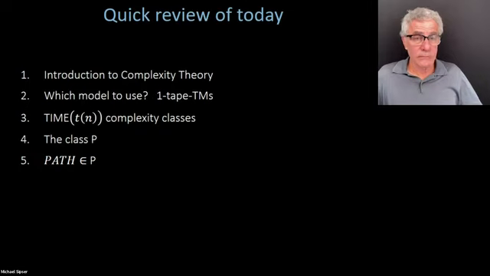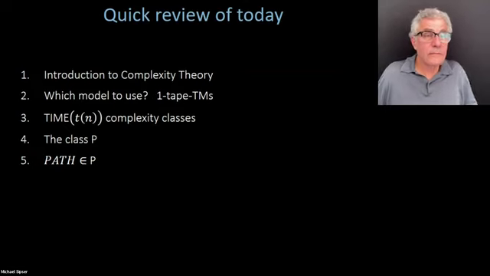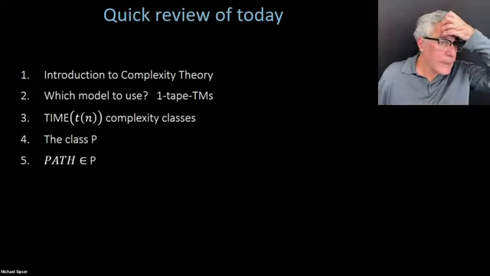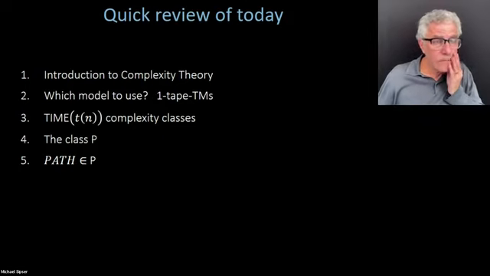I can't see your face. Yeah, my thing is that, especially when you were bringing it up earlier, it just seemed like you could turn anything into a multi-tape Turing machine and cut the time down. Like if I had something that was n log n, in the multi-tape Turing machine I'd have it in big O of n.